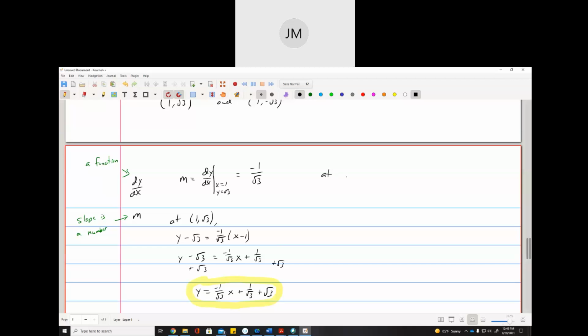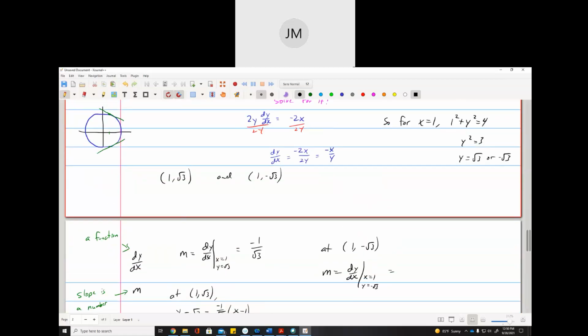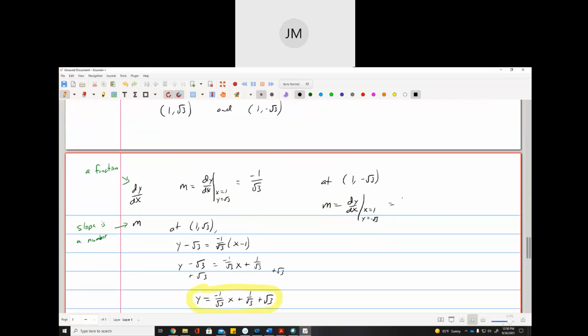So at (1, negative root 3), the slope is the derivative when I plug in x is 1 and y is negative root 3. And since my formula was, looking back here, negative x over y, I'm going to have negative 1 over negative root 3, which is a positive 1 over root 3.